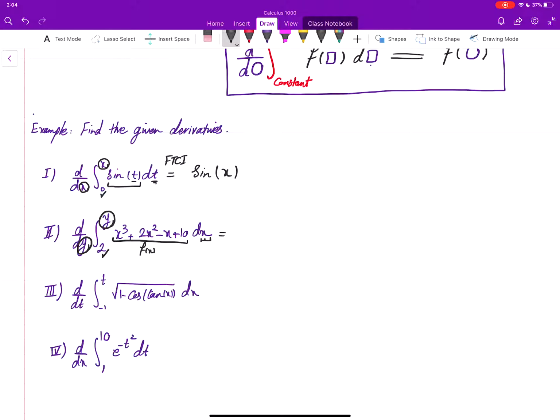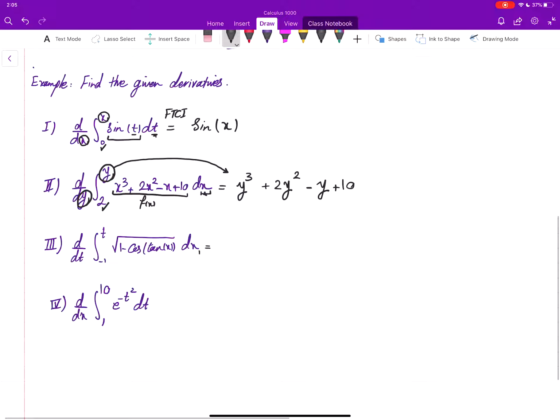Then it says just write the function, here x cubed plus 2x squared minus x plus 10, but instead of putting in the integrating variable, you plug in the upper limit variable. So y cubed plus 2y squared minus y plus 10.